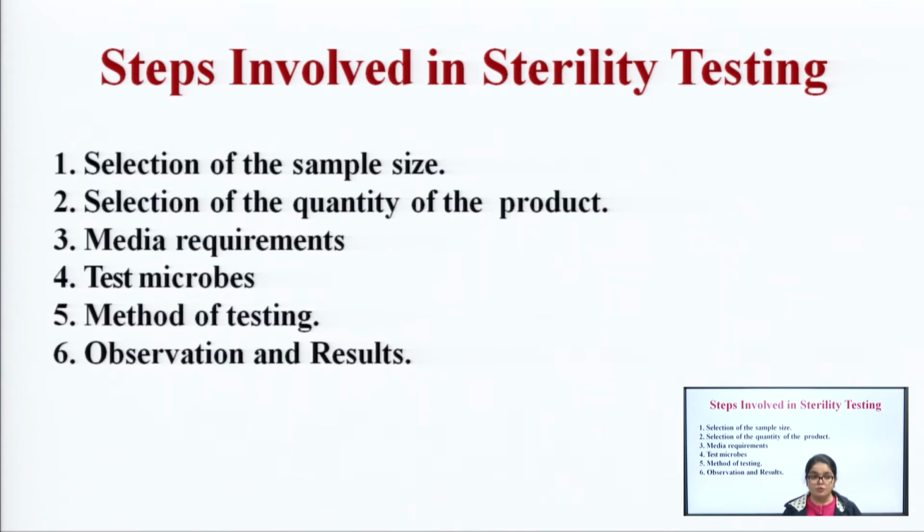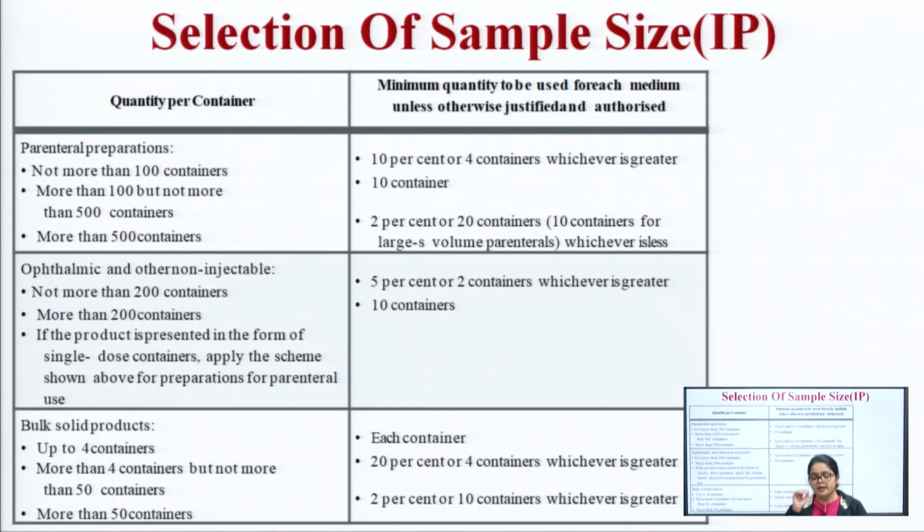Then test microbes, which microbes we are going to test for, whether present or not. For that we require a particular test or additive so that we can detect that microbe. Then the method of testing, and then the observation and the results.